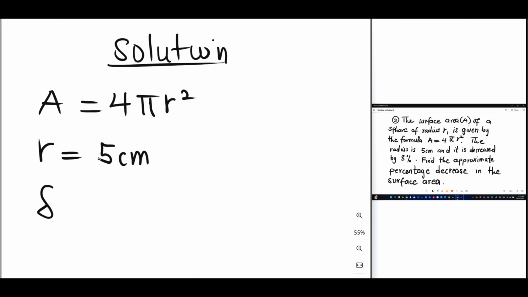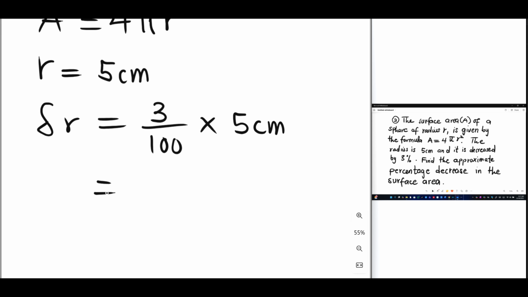So let us get the small change in the radius, which is 3% of the radius, which is 5 centimeters. So we have 3 divided by 100 times 5, which gives us a result of 0.15 centimeters.